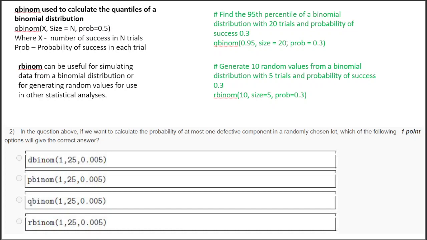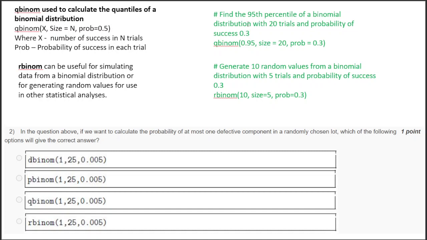Let's take each one to represent 1 lakh, so 20 means 20 lakhs. Then the probability of success, of people getting that 95th percentile, is 0.3. So it returns how many people have scored more than the 95th percentile.